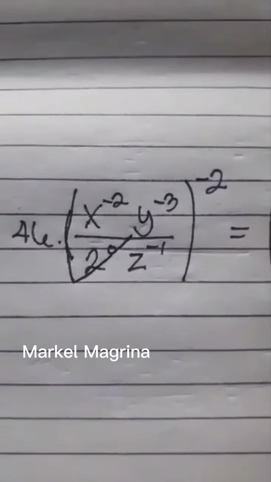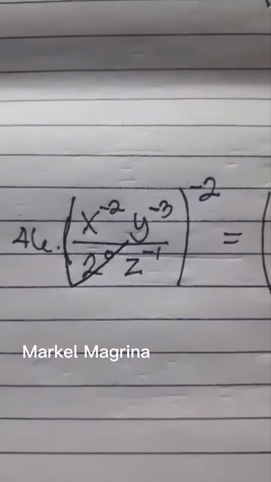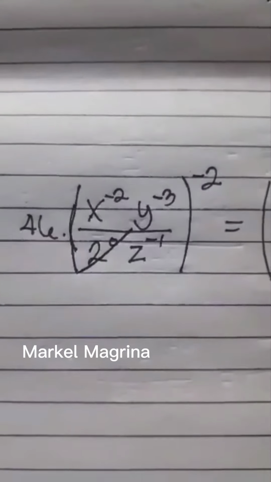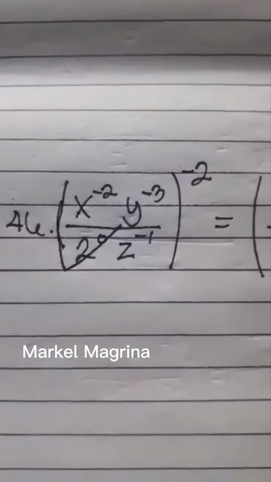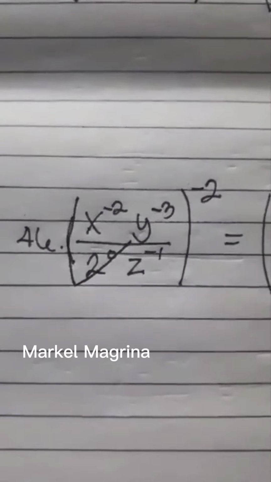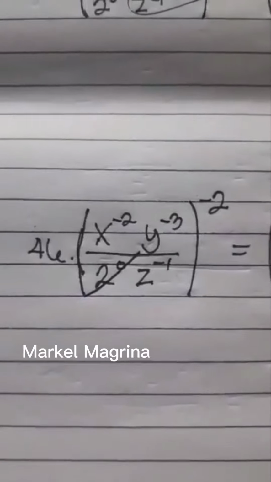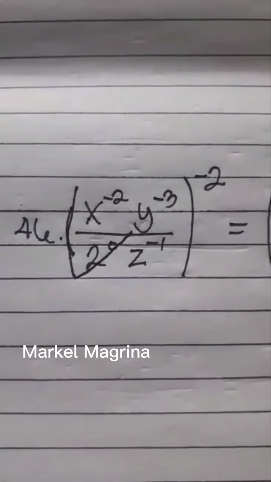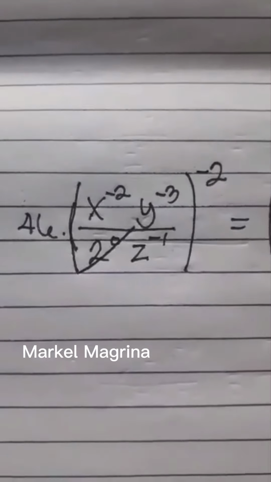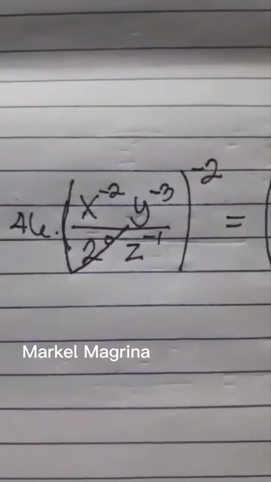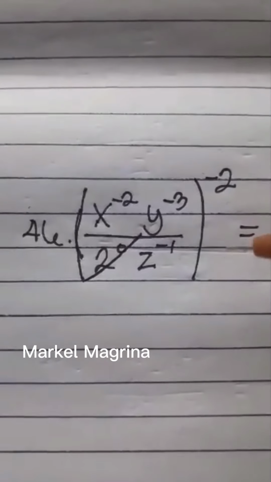Or you can make it 1, as in number 18, any non-zero expression raised to the power of 0 is equal to 1. You can do that, but I prefer to cancel it out because it's easier. So, cancel out 2 to the power of 0.